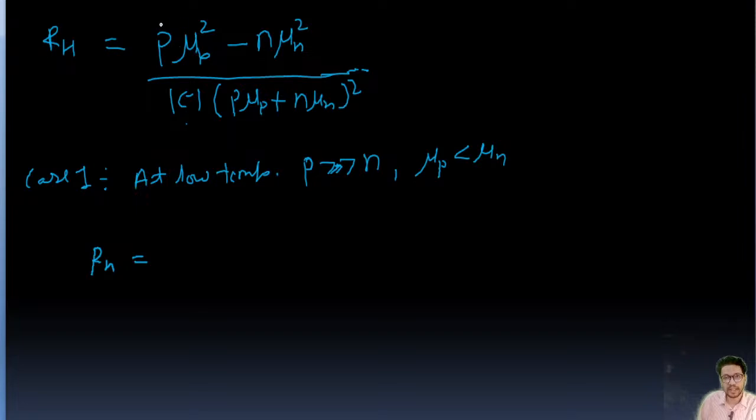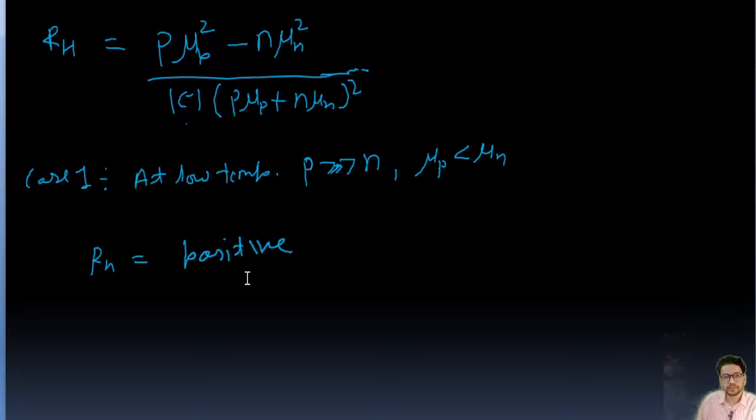Because this value is very high, the value of RH is going to be positive. So the value of RH is positive at low temperature, because at low temperature the carrier density of P is greater than N.